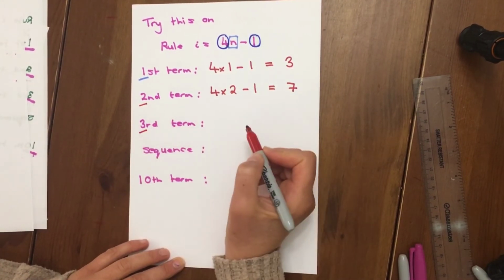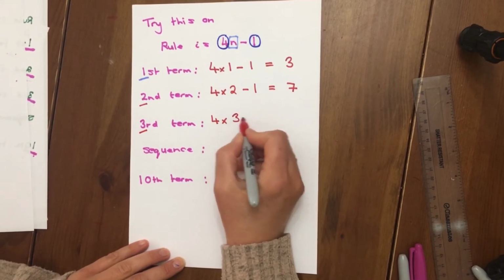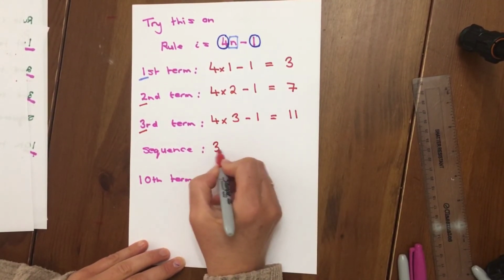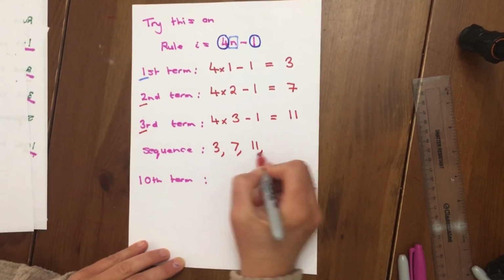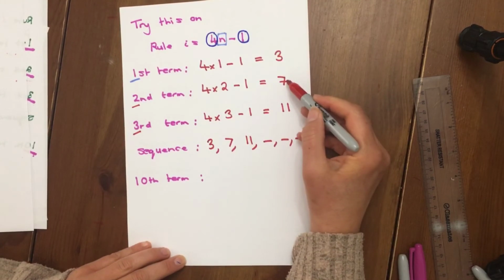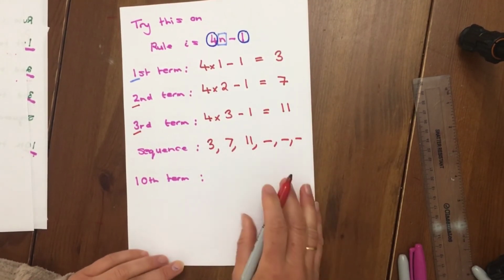The third term, I've got 4 times 3 minus 1, 11. So my sequence is 3, 7, 11, and it carries on.